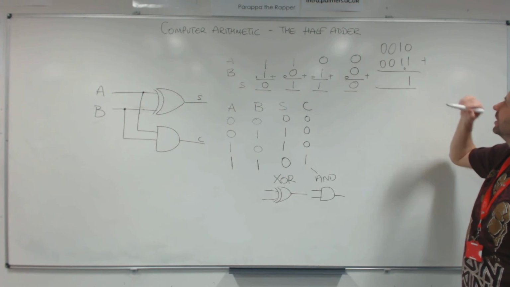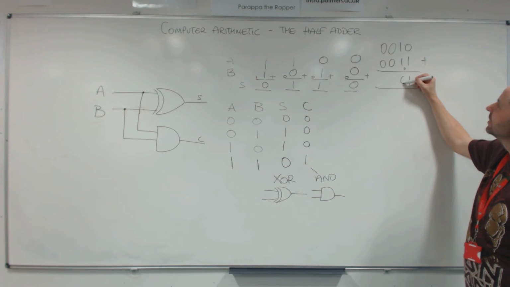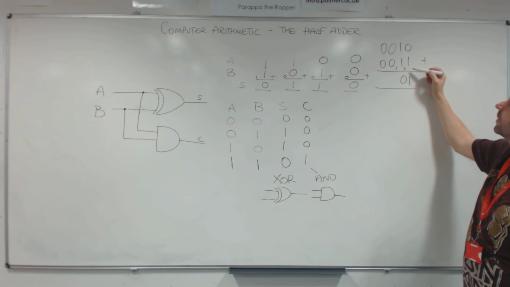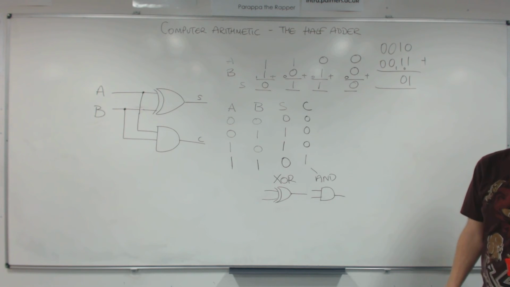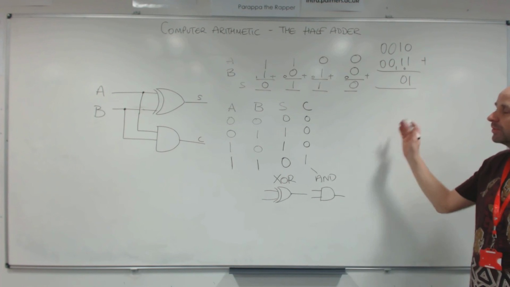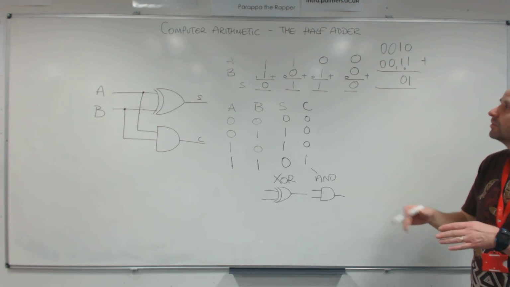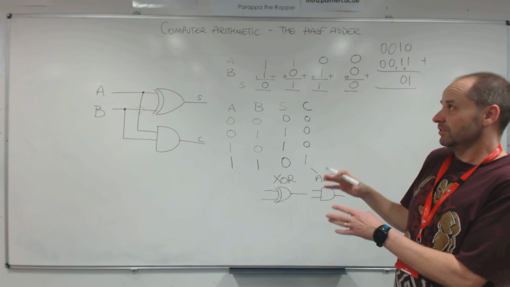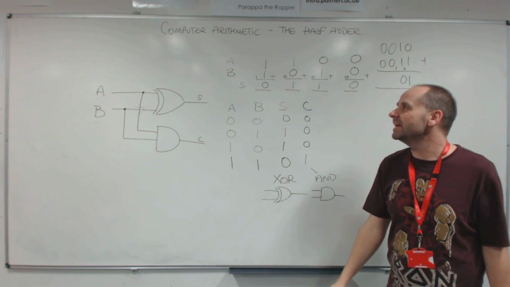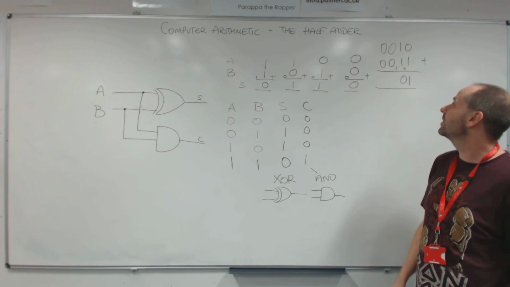Then we go 1, 1 and 0 is 0, carry 1. We actually take on board the carry. So we're actually adding three bits together. And the half adder is not set up to do that. But there is a system called a full adder, and this will enable us to do the full bit addition. And I'll talk about that in another video.